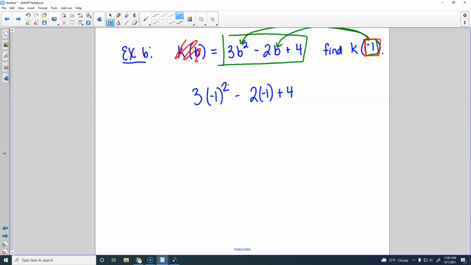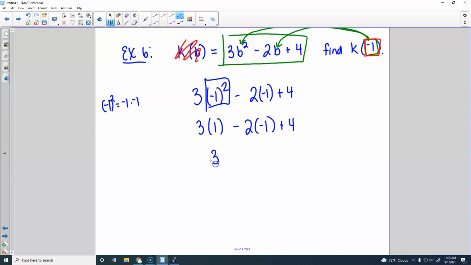It doesn't mean to multiply. Negative 1 squared means negative 1 times negative 1. So exponents mean we're multiplying that number by itself. So we get 1 there. So it's going to be 3, and instead of this, I've got 1 minus 2 times negative 1 plus 4. What would I do next?